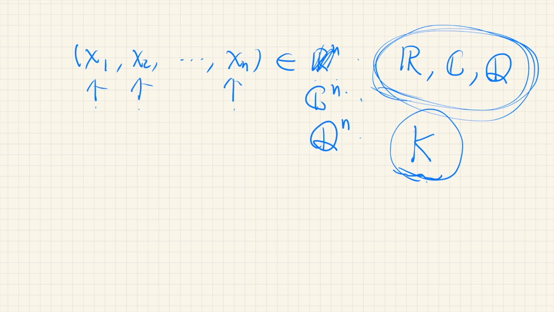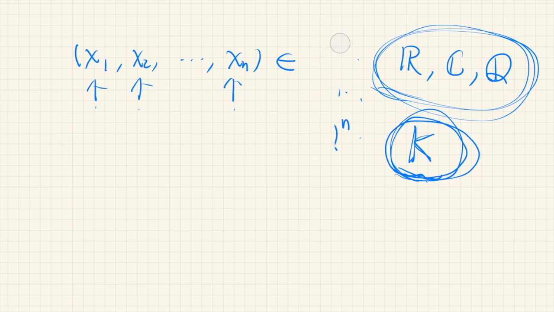So multiplication distributes over addition. So if those conditions are met, then that set is a field. So for any field, we can define a vector.